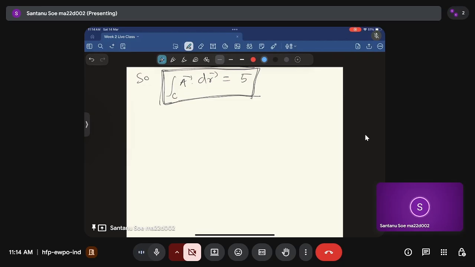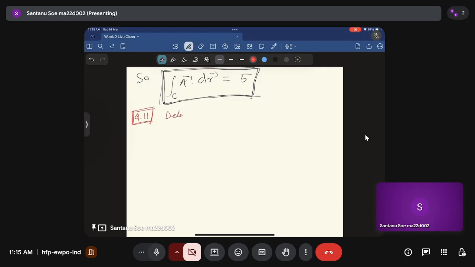So now we're gonna solve the next question, which is question number 11. And this question is also from the potential function. Like we have to determine whether the potential function exists or not. So the question is written as follows.